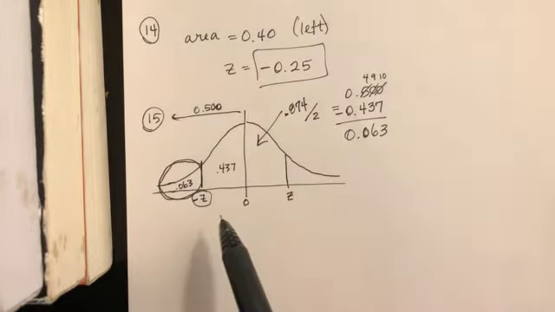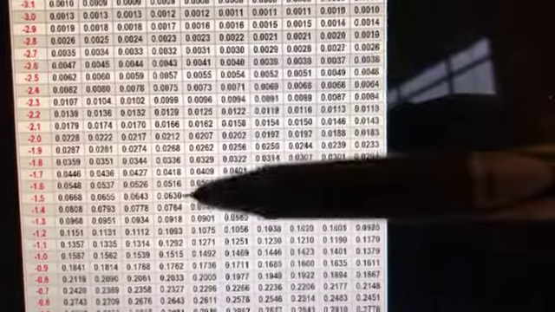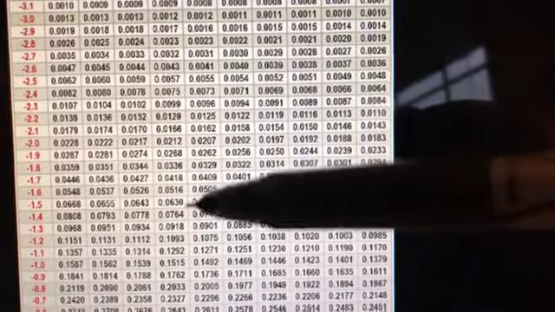Okay, so I know I'm in the negative z, so I'm going to go to the negative z chart, and I'm looking for 0.063. There it is, 0.063.